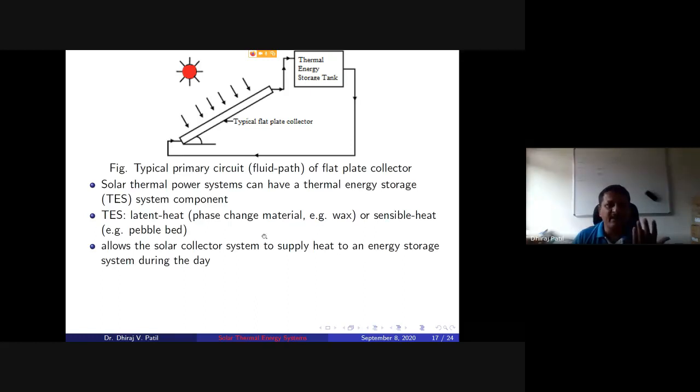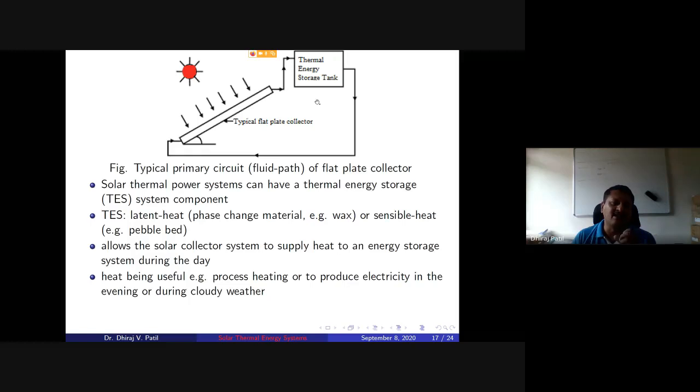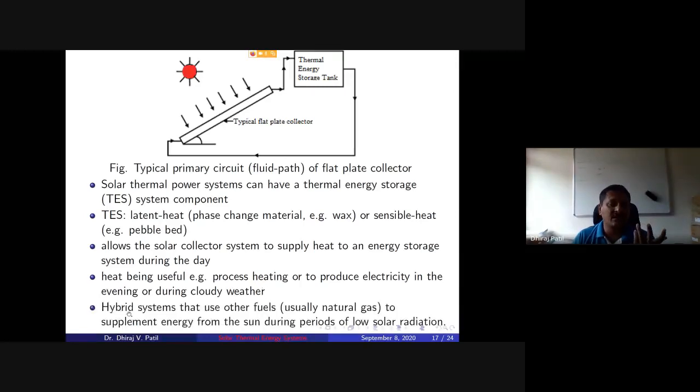We require storage because solar energy is not constant. It is very intermittent, depending on the weather conditions. So you need some energy storage, just like the mechanical storage people use for power plants, for example pumped storage or flywheels. Similar to that, we have thermal energy storage. You can use this heat for process heating, or even to produce electricity, whenever you have cloudy weather.